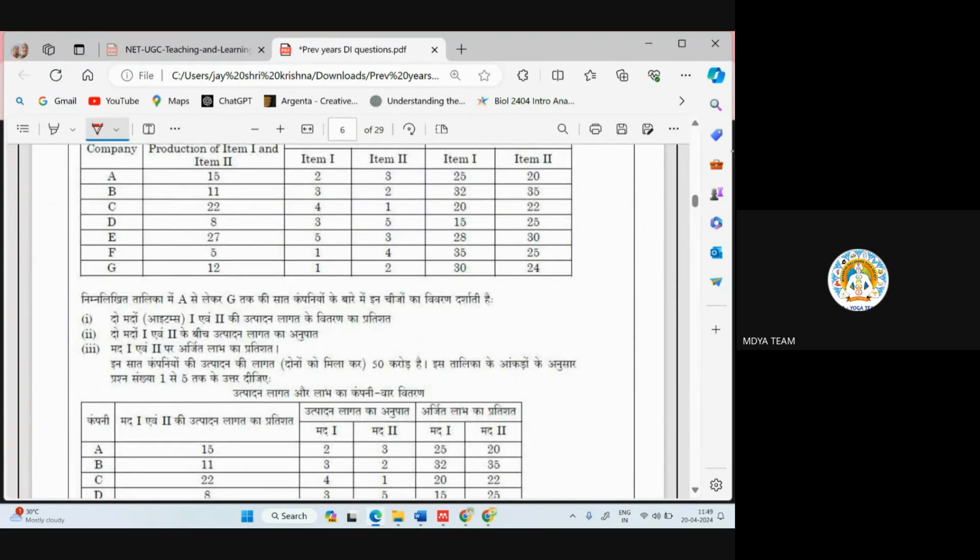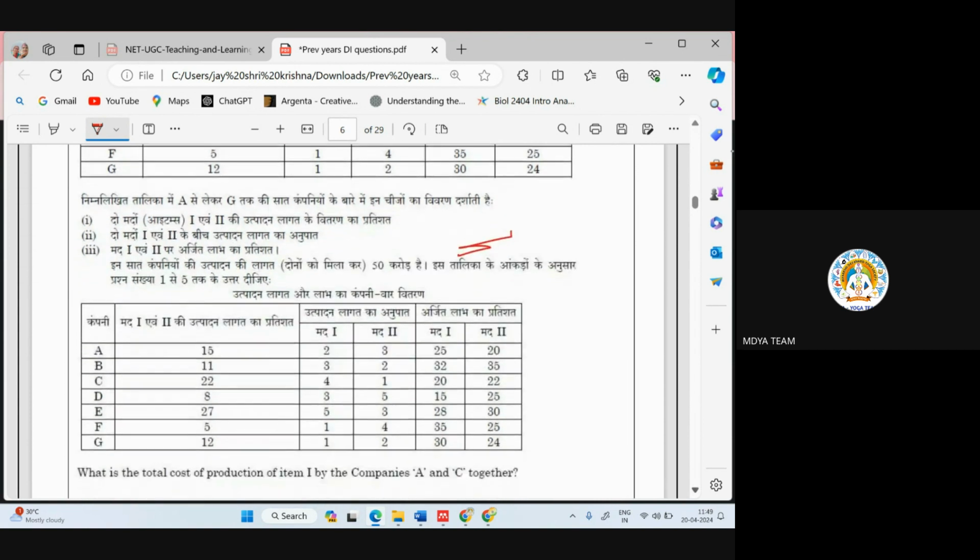Okay, now this question. This is the most difficult question I came across in all the previous year questions, especially the yoga subject DI questions. This is one of the most complex questions. But still, with the help of just one concept... okay, not this question, just a minute.